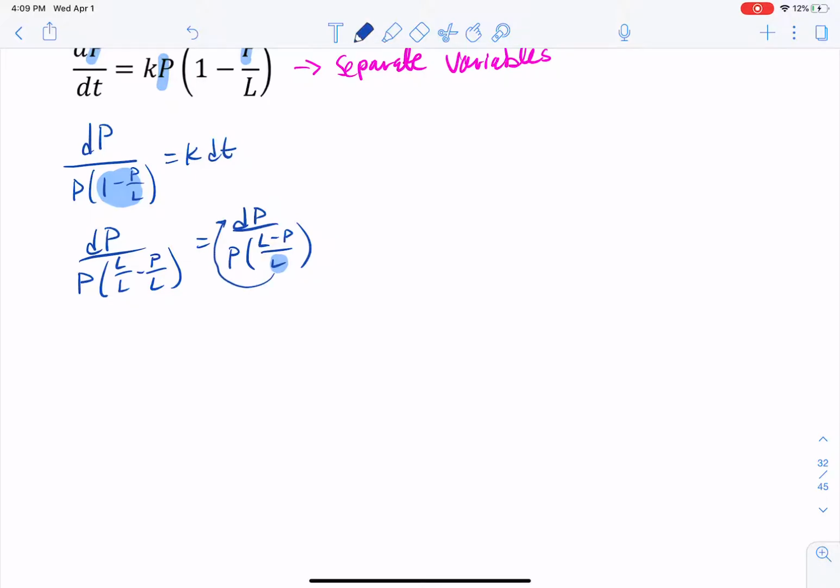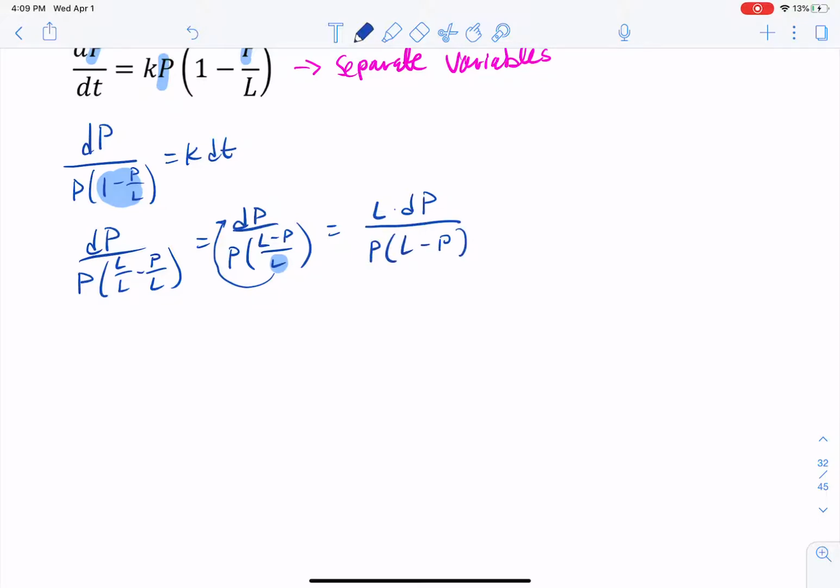Basically, I'm multiplying the top and the bottom by L, and that resolves that complex fraction, and we rewrite it as L times dP over P times L minus P.